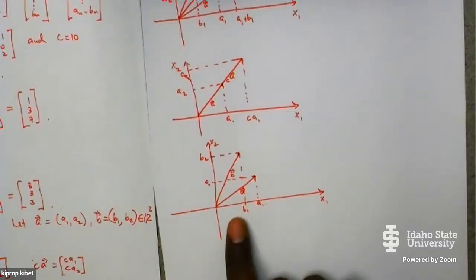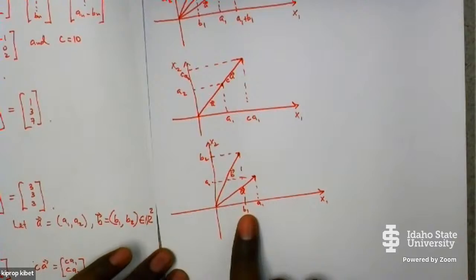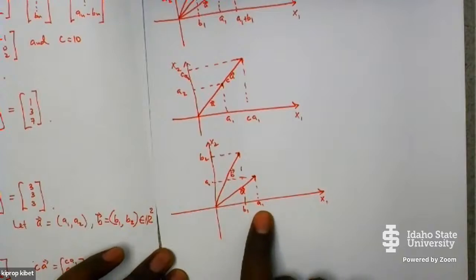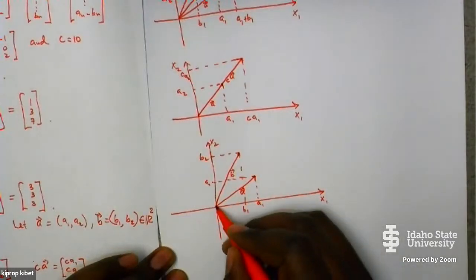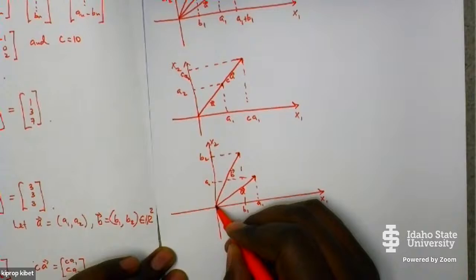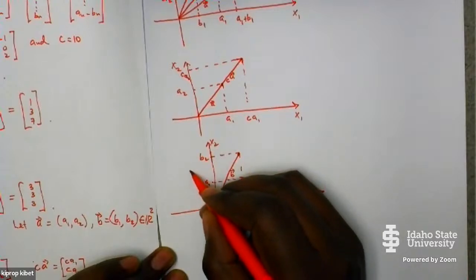Since A1 is bigger than B1, it is the same as B1 minus A1, and this will take us in the negative direction here.